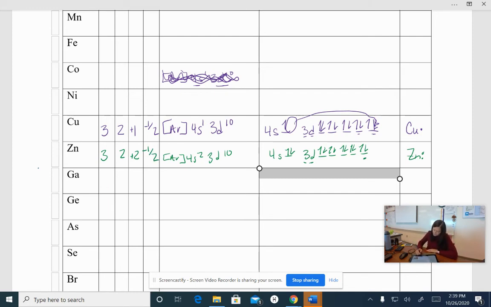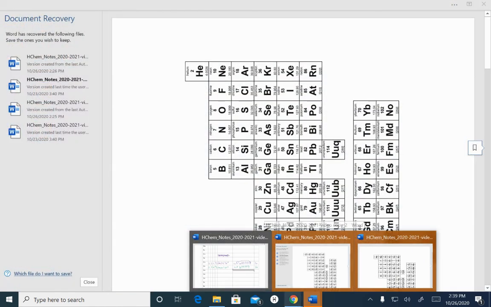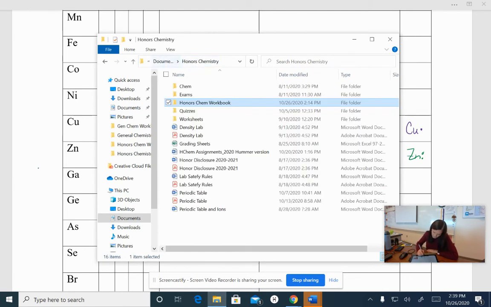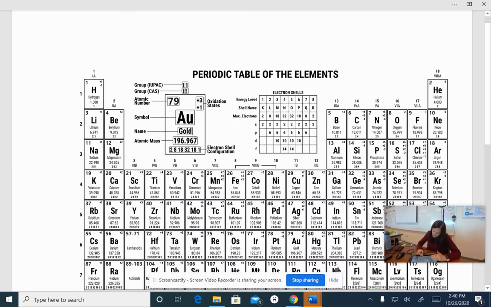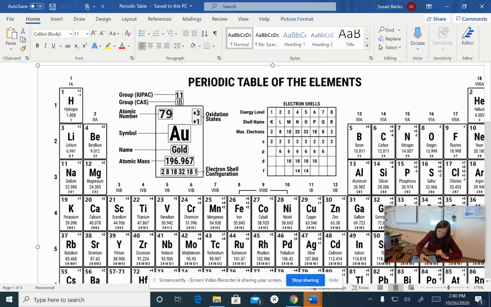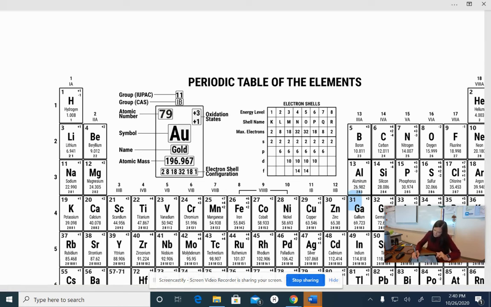Okay, gallium. So if I look at gallium, let's get my periodic table up here again. I'm now back into the P block.